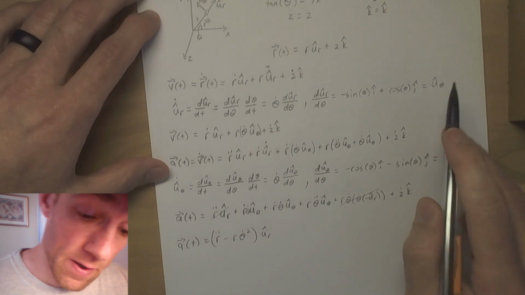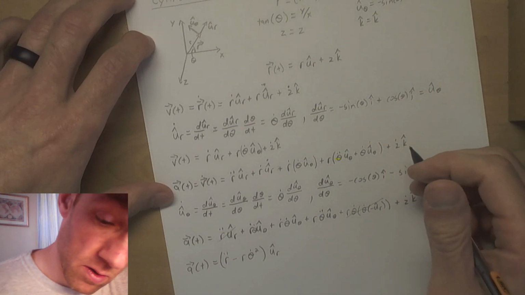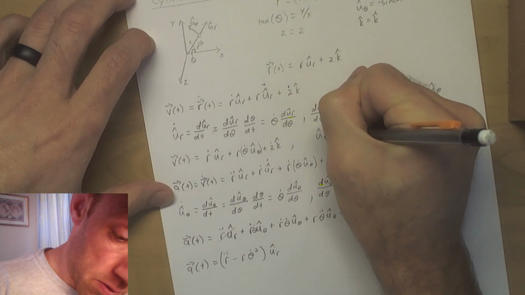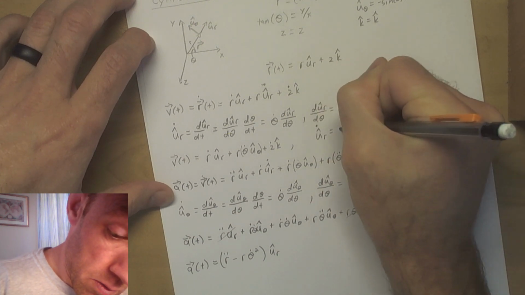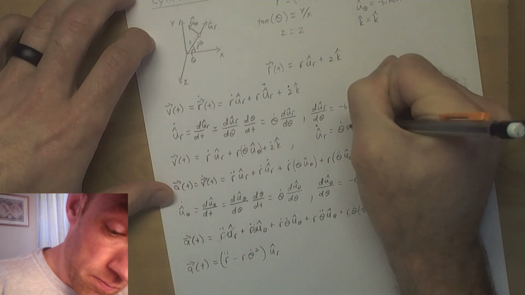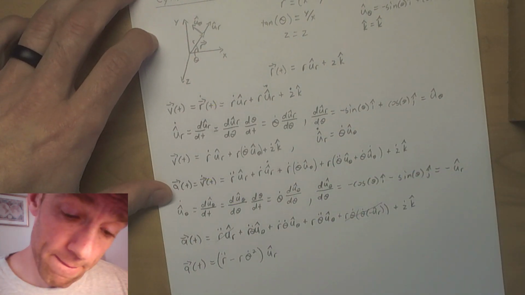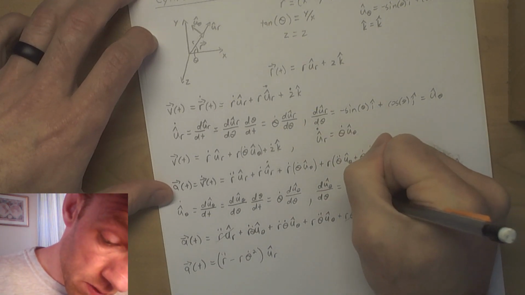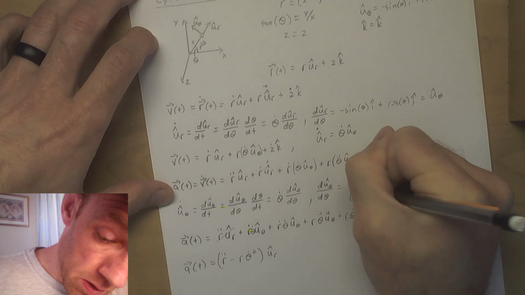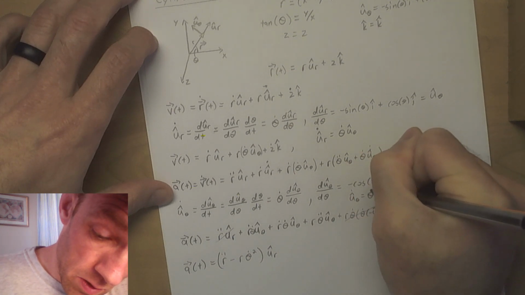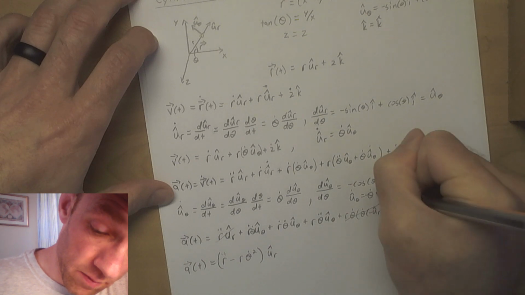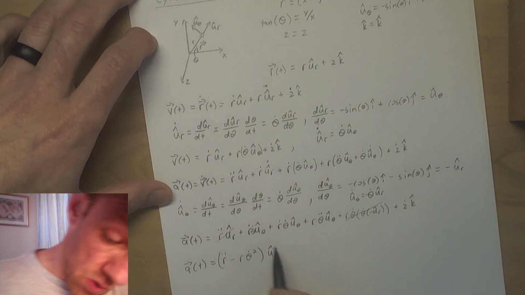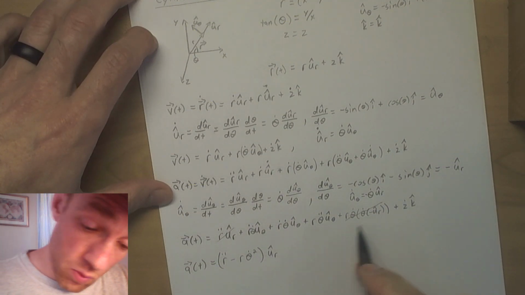Okay. And in fact, I'm going to write that. And here, it's negative theta dot times u sub r. Okay, so I got the u sub r terms pulled in here.